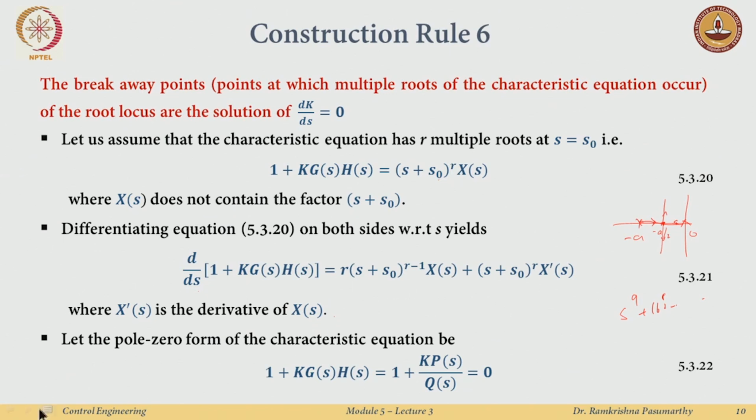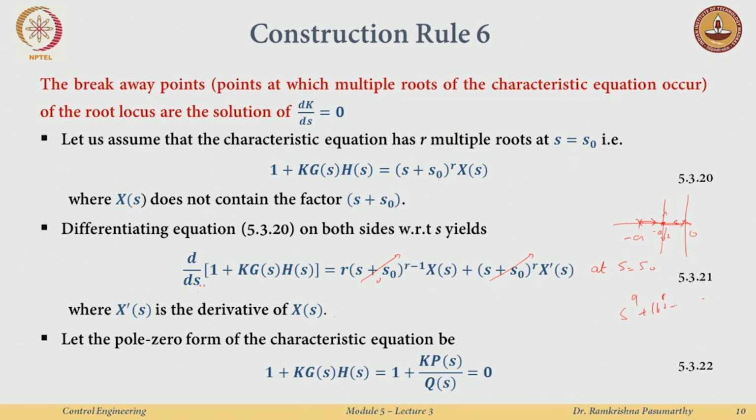Now look at this here. Of course, if s0 is a root, the characteristic equation is obviously 0. Now look at the derivative. What is the value of the derivative at s equal to s naught? At s equal to s naught, this goes to 0, this also goes to 0.